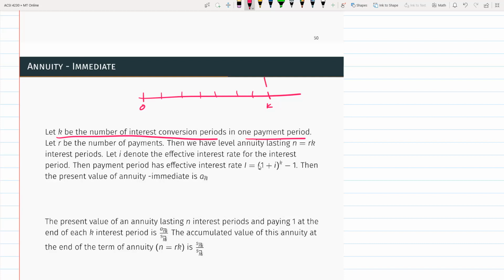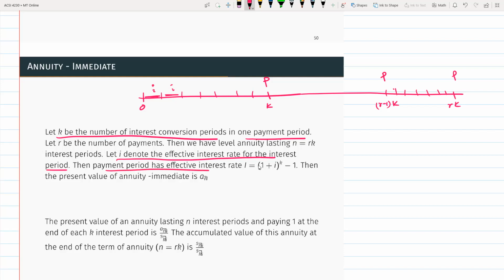The payment is only once, but you divide it into K time periods. Then let R be the number of payments, so you have R of these. We divide this into small interest calculation periods. Let i denote the effective interest rate for the interest period. So for this small time period, the rate is i.